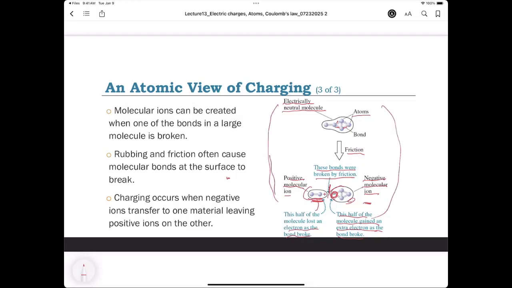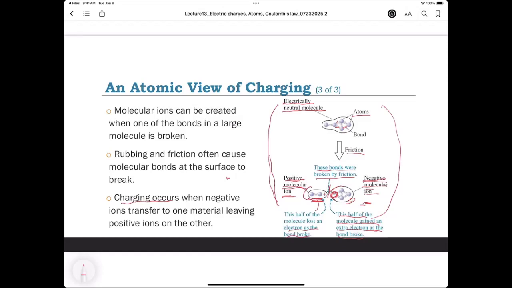Because the bonds between the atoms in the plastic rod, in the wool, in your hair, are broken by the friction, by rubbing, and then there will be positive molecular ions and negative molecular ions. Charging occurs when negative ions transfer to one material, leaving positive ions on the other.